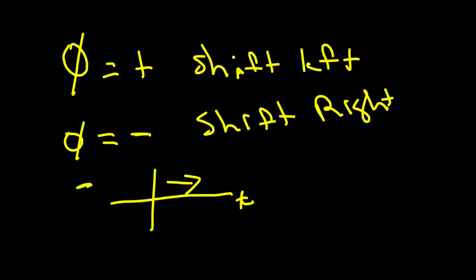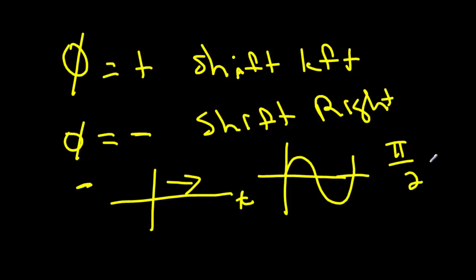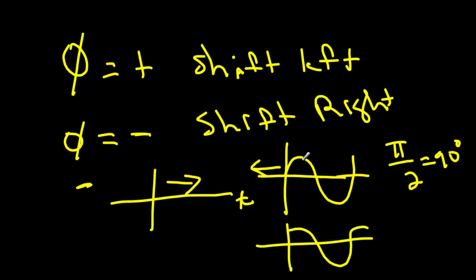That's how we saw that the sine wave, which originally starts out like that, with a positive pi over 2 shift or a 90-degree shift, is going to shift this way, which then makes it look like this. So here would be our mark right there of pi over 2, right?